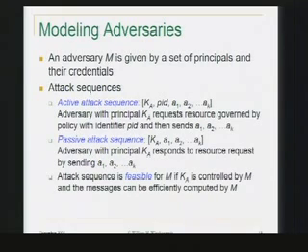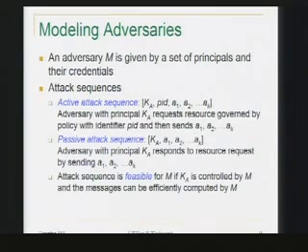And the attack sequence can either be an active one, in which case the attacker is playing the role of a resource requester, or it can be a passive attack sequence, in which case he's playing the role of an access mediator or a resource provider.